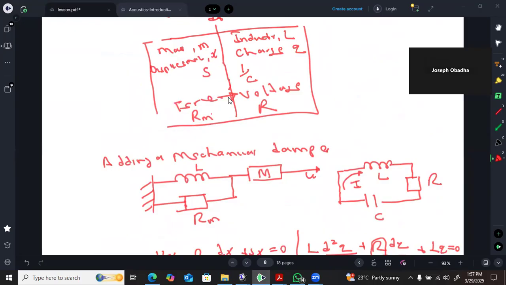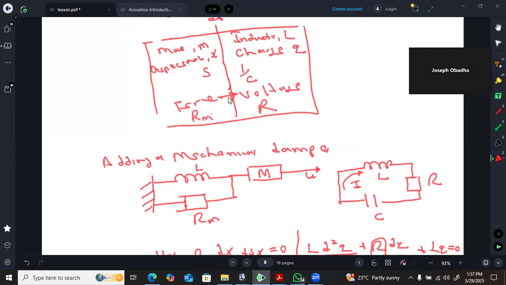For example, what happens if we have our springs in series? What happens if we have our springs in parallel? How do they relate with their capacitors and the rest? In this particular presentation, we will not move into such detail. We'll probably stop this analogy at this point.